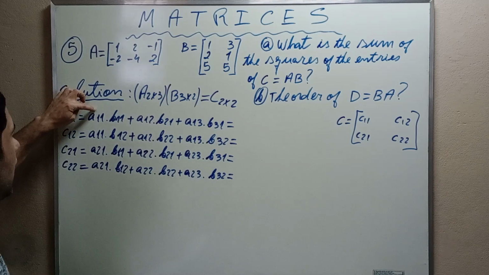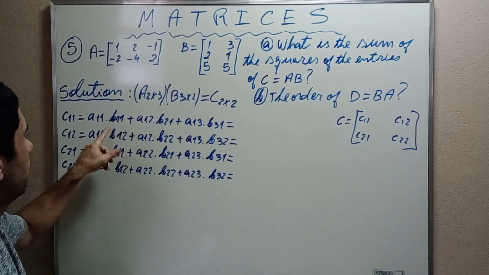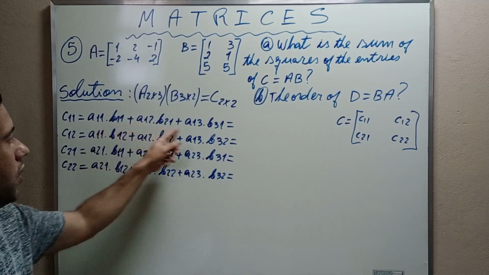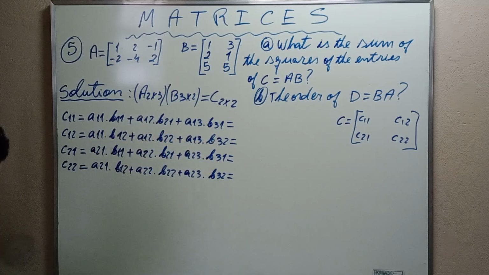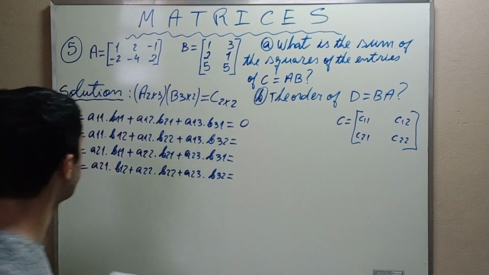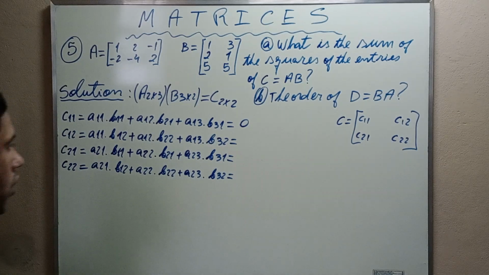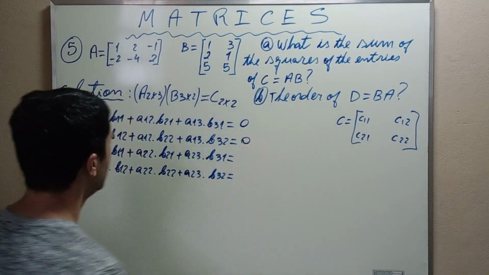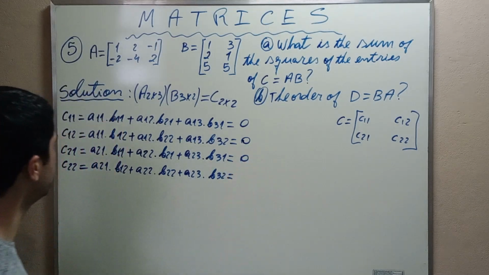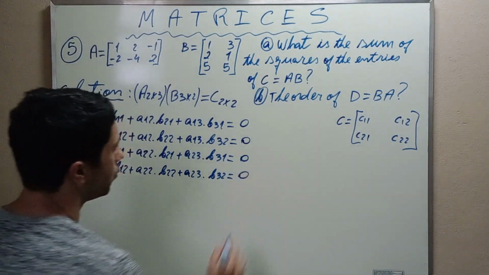If we take every entry and substitute here in this addition and multiplication, we find that C11 is 0, C12 is 0, C21 is 0, and C22 is 0.